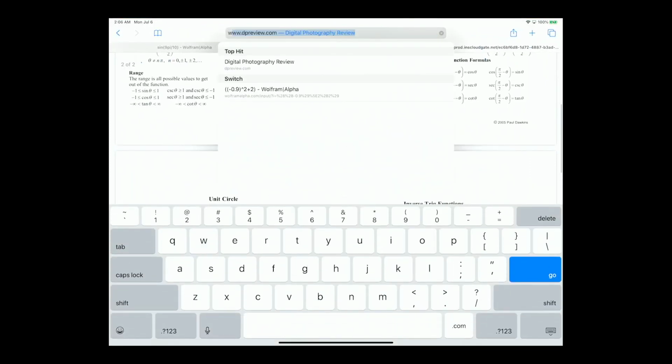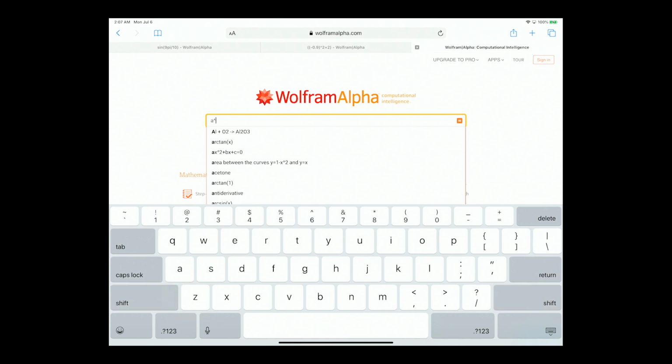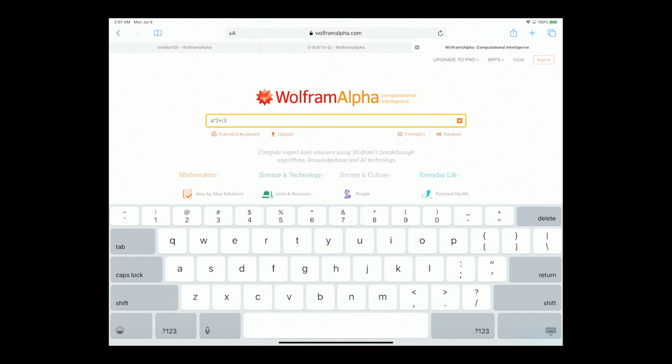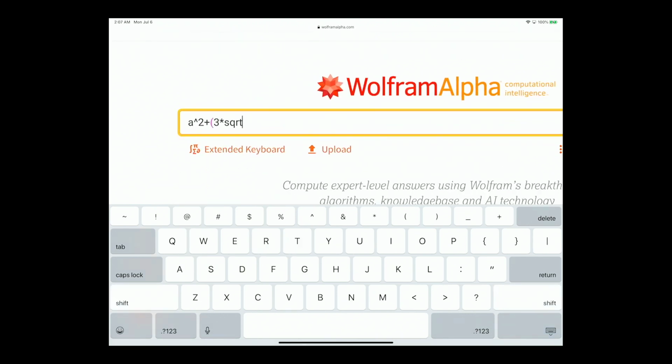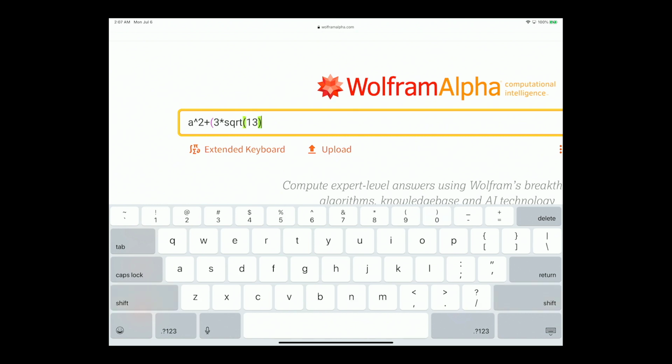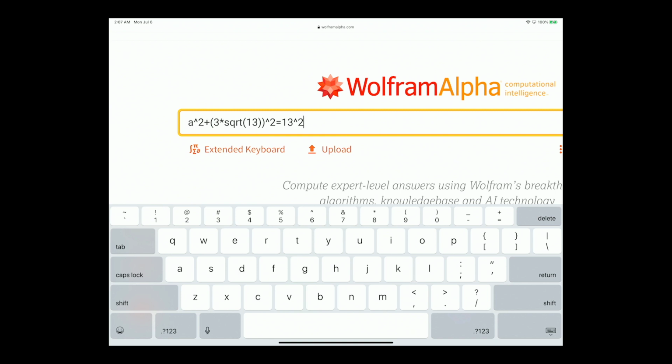So you can come to like Wolfram Alpha, and you could say a squared plus parentheses, what was it, 3 times square root, make that bigger, 13 parentheses squared equals, and it was 13 squared, so like that.